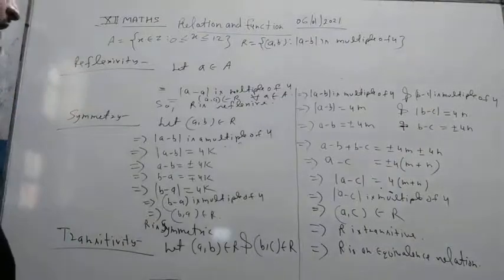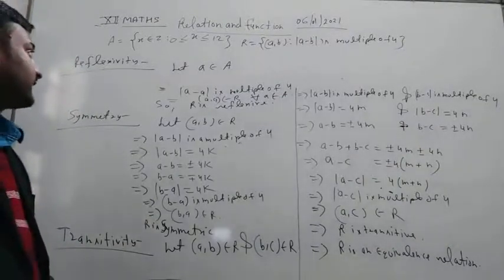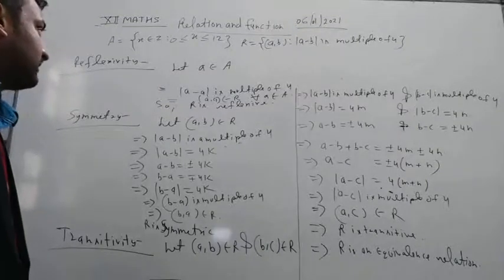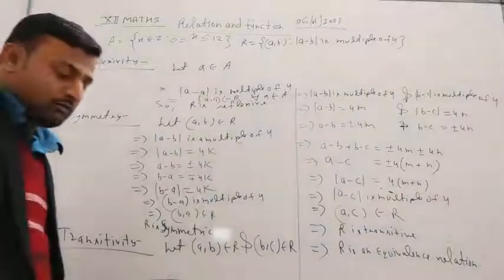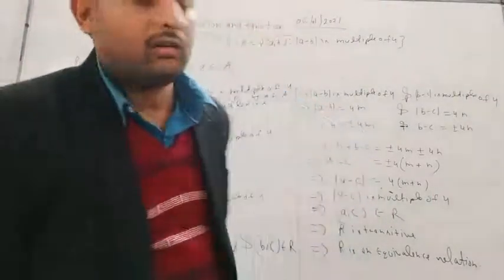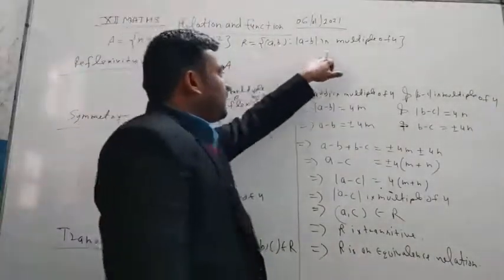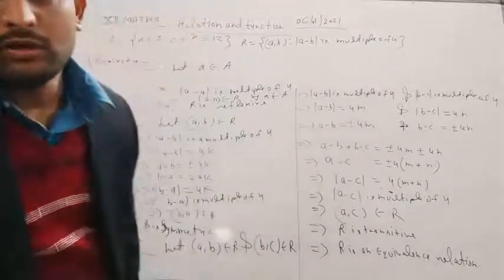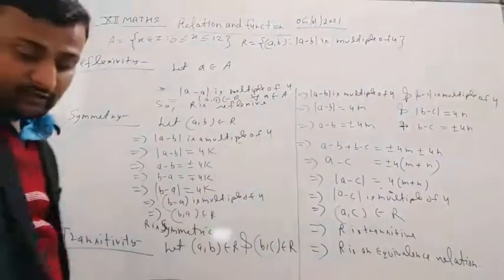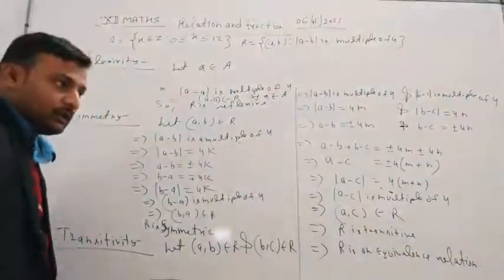Now let's see once again in this question. Given that our set A is x belonging to Z such that x lies between 0 to 12, that is 0, 1, 2, 3, 4, 5, 6, 7, 8, 9, 10, 11, 12. R is the relation AB such that A minus B is a multiple of 4. So far you know that for proving an equivalence relation, we will prove that it is reflexive, symmetric and transitive.